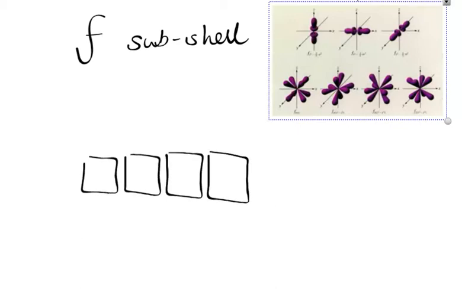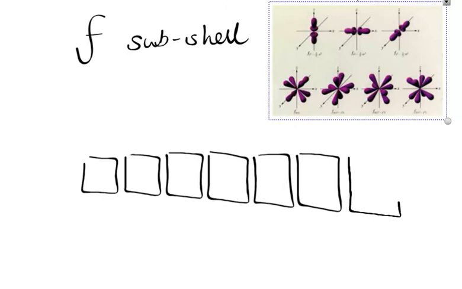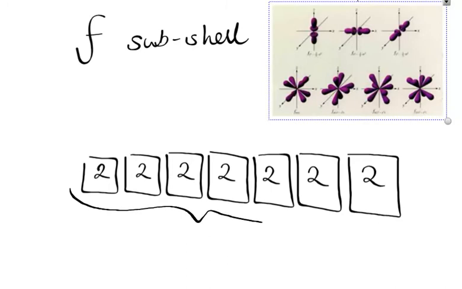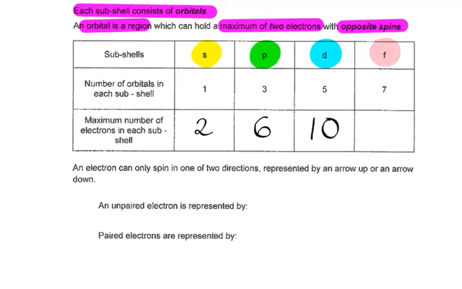So quite a lengthy roller coaster train now. Each of those orbitals is able to hold 2 electrons. Hopefully we've got 7 carriages there, which means a maximum of 14 electrons in the F subshell. So F subshell: 7 separate orbitals, 14 electrons.